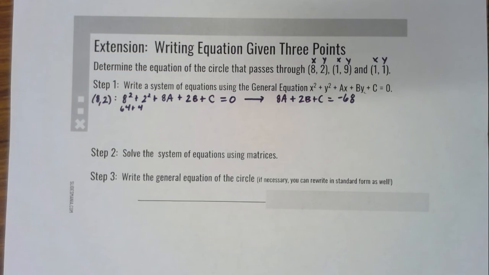So 1 down, 2 to go. I'm going to repeat the process for the other 2 points. I'm going to put 1, 9 in for x and y, clean up the equation into that a plus b plus c format, and then do the same thing with 1, 1.